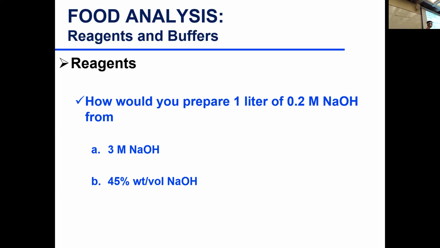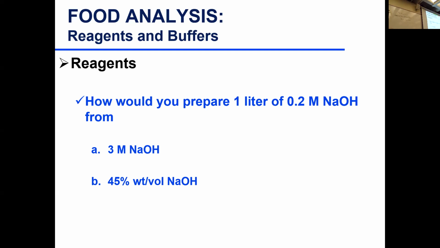You want to make sure your units are the same. So this is 45 grams per 100 ml, weight by volume. So this is what you want to put. The given is 45 grams in 100 ml. That's your stock solution.